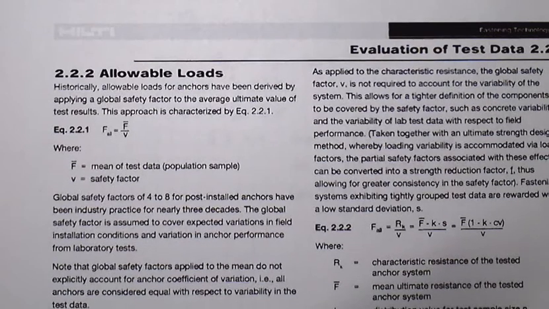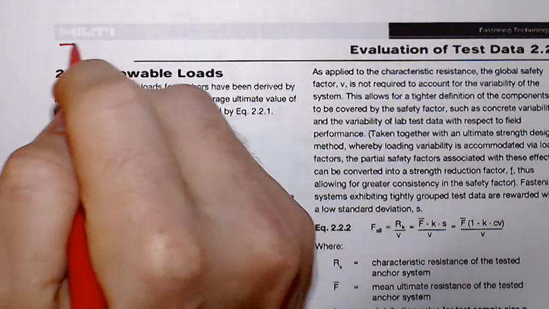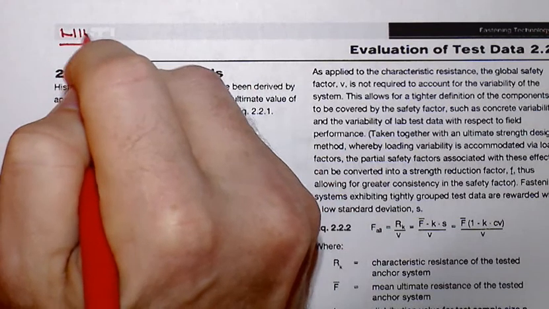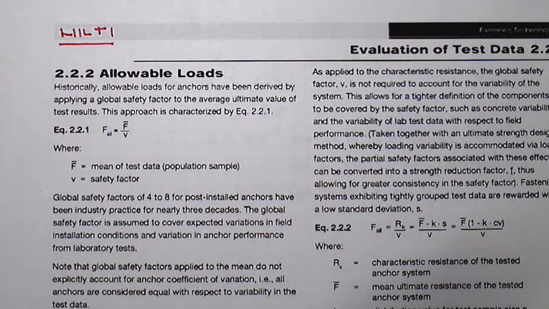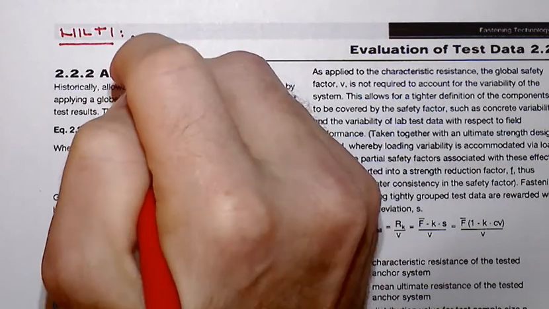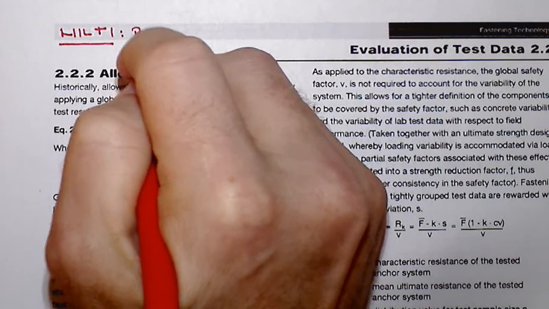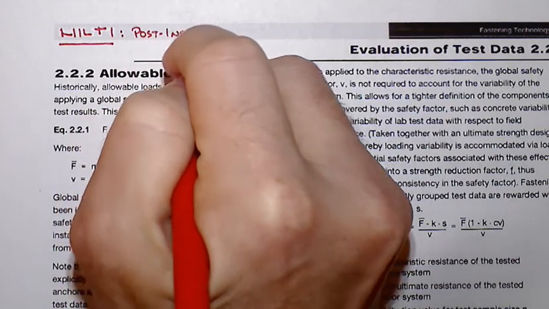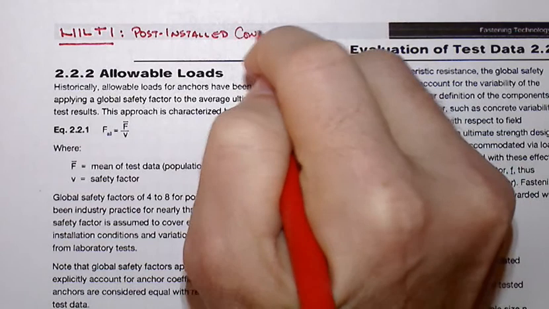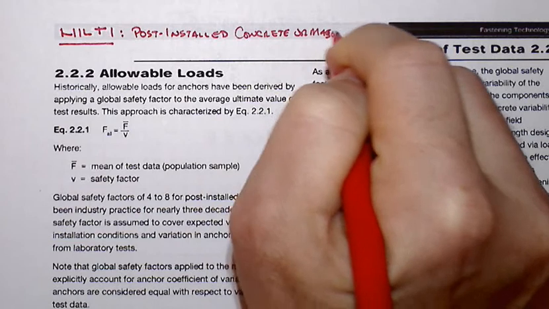The handout that you have is from the Hilti product catalog, and that may not be real easy to see. So Hilti, H-I-L-T-I, and of the many products that they make, most of them are fasteners of some sort, and many of them are post-installed concrete or masonry anchors.